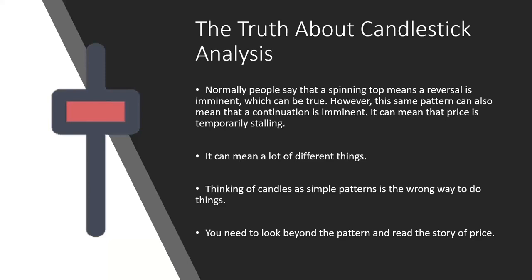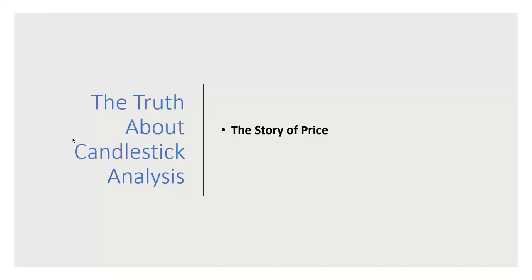It can mean a lot of different things. Thinking about candles as simply patterns is the wrong way to do things. You need to look beyond the patterns and learn to read the story of price. And candles will help us understand what price is trying to tell us.